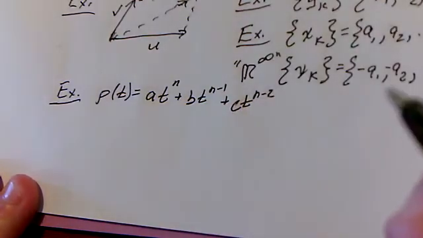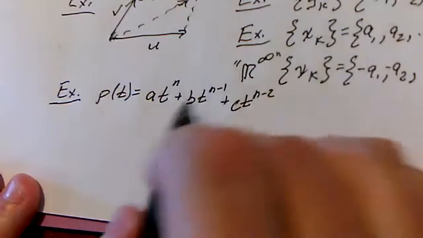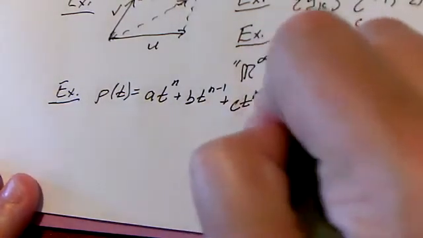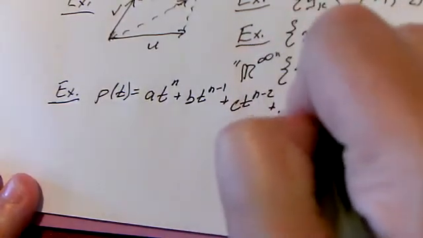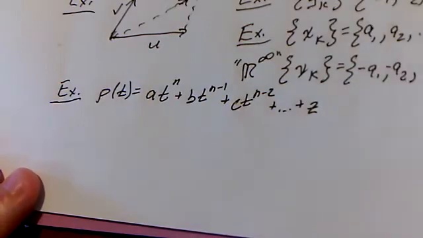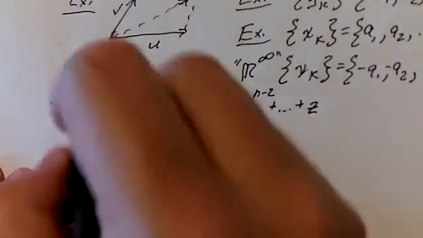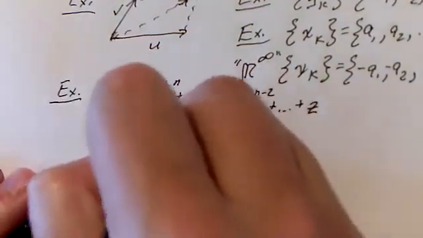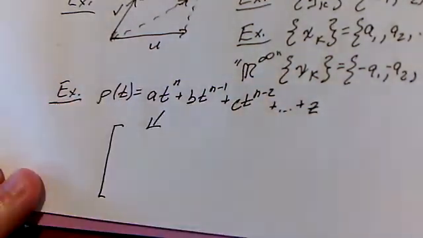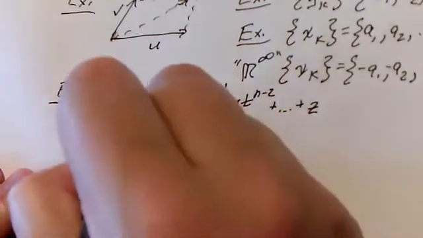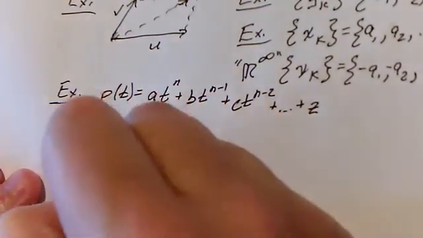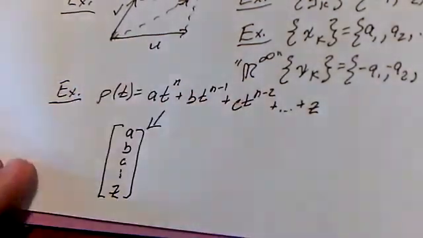Remember, we talked about how these weren't linear equations, which is a true statement. This is not a linear equation. It has powers, has different things going on, and that goes all the way down to some ending constant. Well, I could think of this as looking like a vector. And this vector would have the coefficients a, b, c, all the way to z.